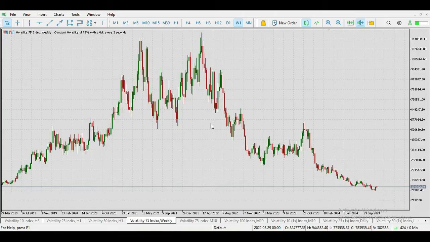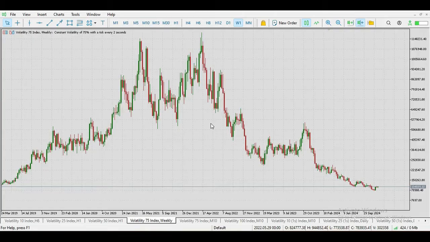You need to understand the direction of a particular pair, be it Volatility 75, 25, 10 index, 10 1s, and so on and so forth, including Boom and Crash. You need to understand the direction of this market. Once you can spot the direction of the market, that is your winning. That is the first winning right there.